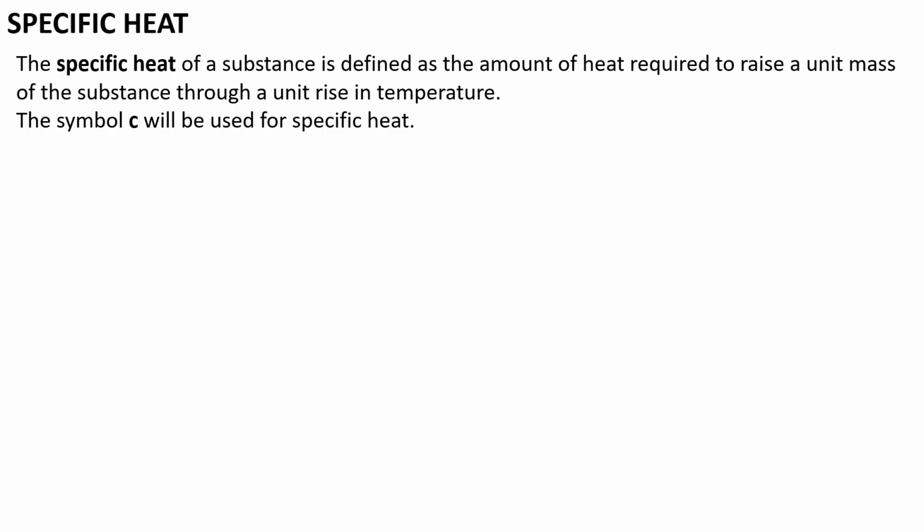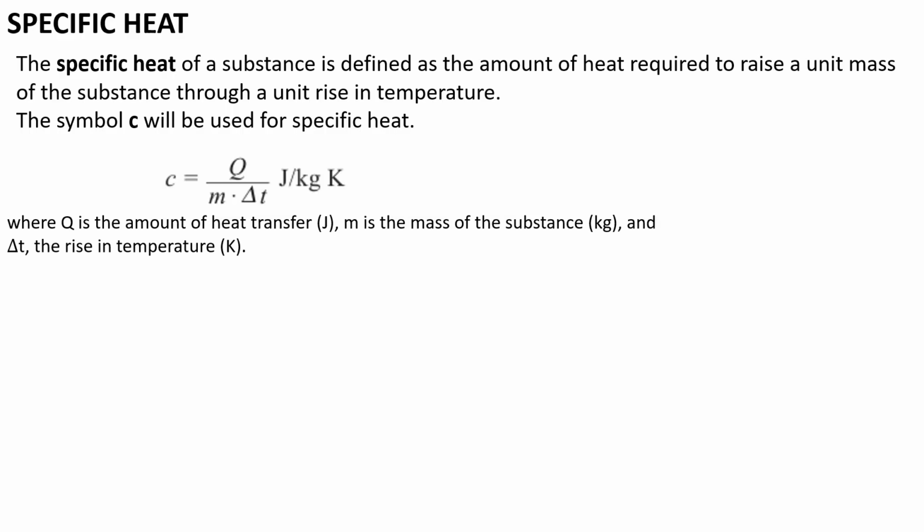The symbol of specific heat is small c, and c equals Q divided by m into delta T, and the unit of specific heat is joule per kg Kelvin. Here Q is the amount of heat transfer, small m is the mass of the substance, and delta T is the rise in temperature.